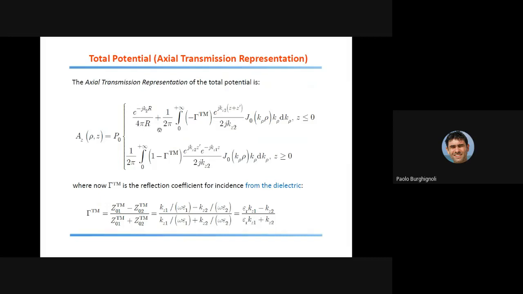And then there is the reflected wave, in which you can see here is the voltage reflection coefficient gamma T for TM waves. Then there is this ratio, which is the one-dimensional Green's function for the Helmholtz equation in the z direction. Then there is the Bessel function of order 0 and argument k rho, and we integrate with respect to the radial wave number k rho with integration limits from 0 to plus infinity.